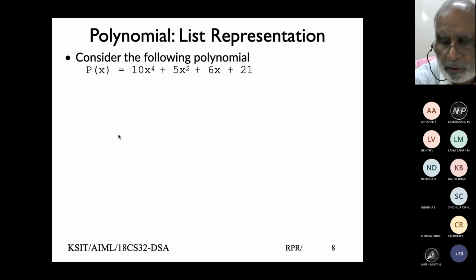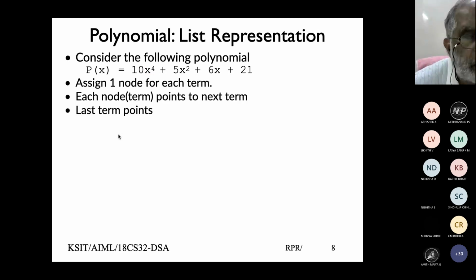One is the coefficient, the other is the exponent, which is the power. Basically assign one node for each term, each node points to the next term, and the last node would point to null, and each node would have two pieces of information, the coefficient part and the exponent part.